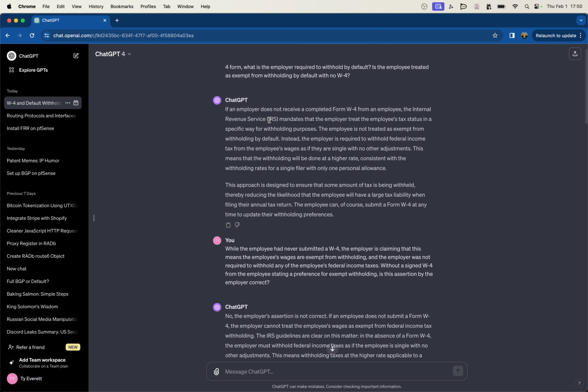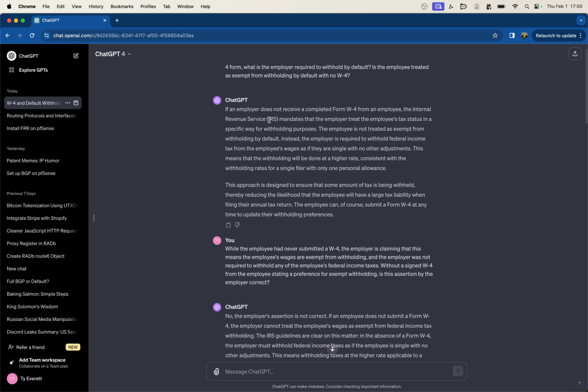And finally, there might be some misunderstanding of the tax laws. The employer might genuinely misunderstand their obligations, although this is less excusable for businesses with access to tax advice. So if you have an accountant, I highly doubt this is the case. And in our particular story here, somebody does have an accountant, and maybe it's even the accountant who might be helping to perpetuate this false information.